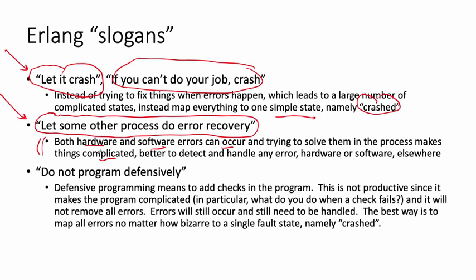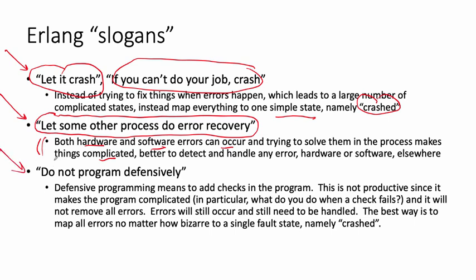But we don't want to make the process complicated. Okay? The process crashes. So the problem will be solved by another process. Another process will detect that this one has crashed and will do something to fix the problem. Okay? So let it crash, and then someone else will solve the problem.